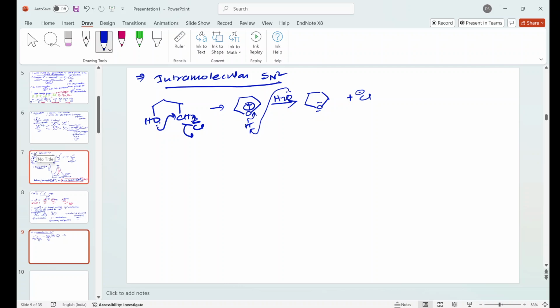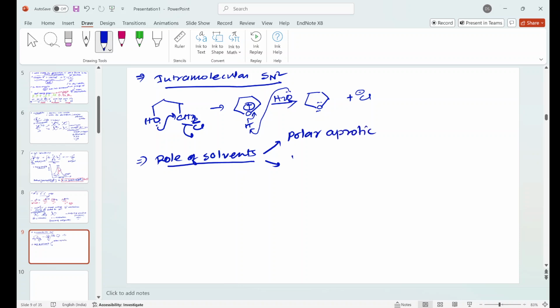Okay, and there is also the role of solvents. Two types of solvents are there, which are called polar aprotic and polar protic. Right?